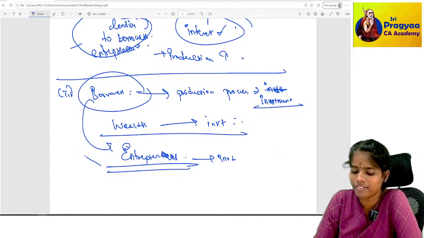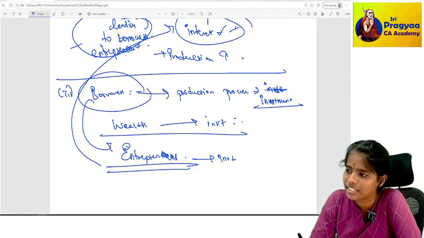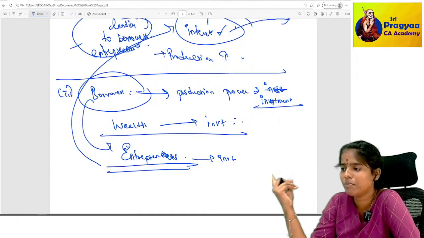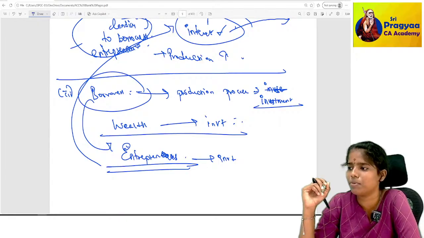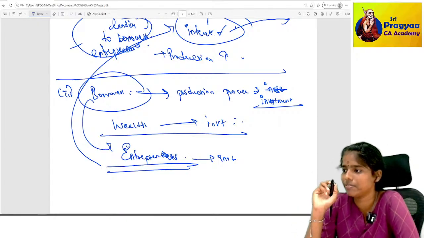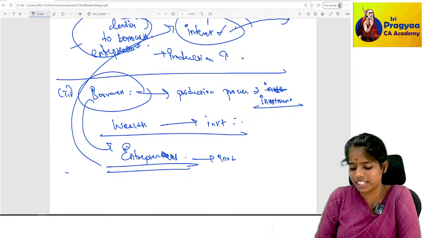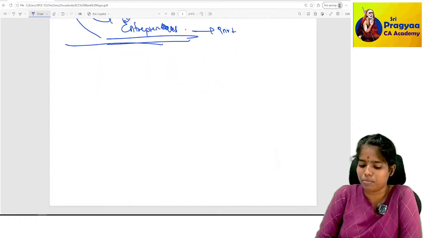The money lenders will be repaying interest to the bank. The bank, from that interest, will give interest to the people who have deposited the amount. So on the whole, everybody is getting benefited. Are you able to understand? These are the 3 stages which are present. The 4th stage is the entrepreneur. Now let us look at the entrepreneur.